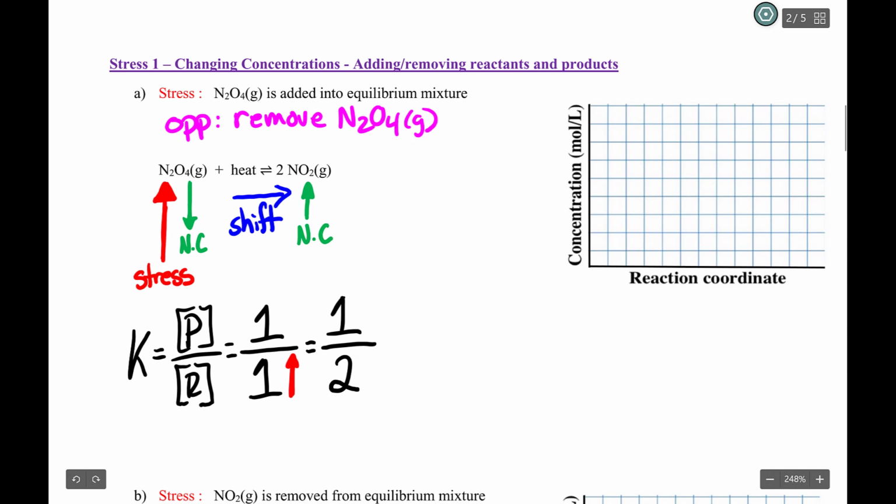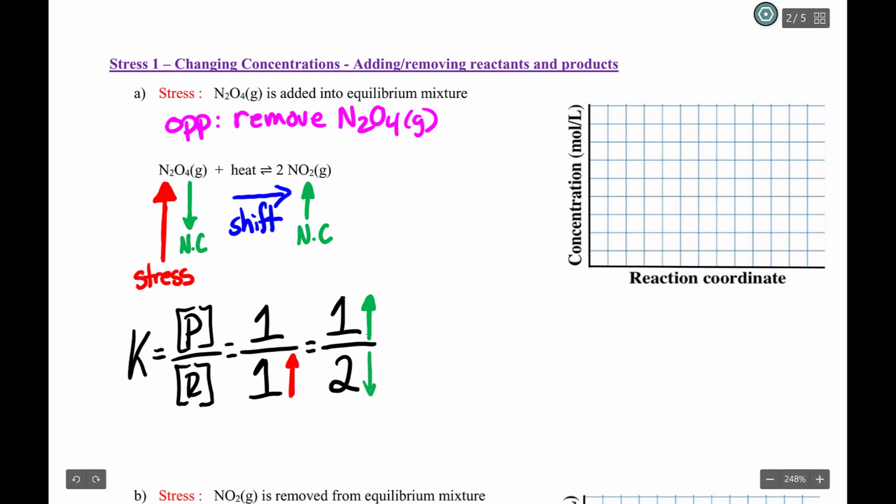Okay, so if I shift towards the products, I'm making more products. So in order to get this ratio back to 1, I could increase the numerator, and I'm using my green arrow here because this is what happens with the shifting. My products are increasing, or I could decrease my denominator. That will also allow me to get back to 1.